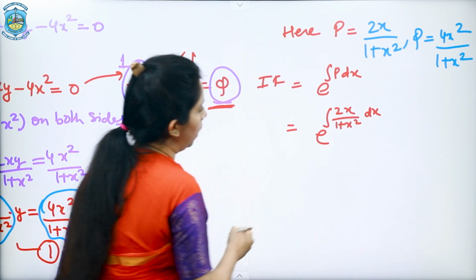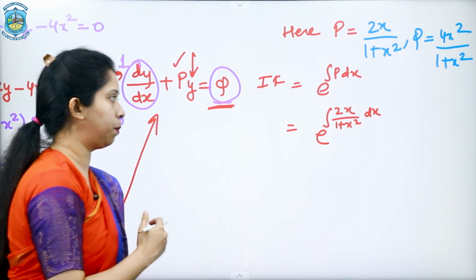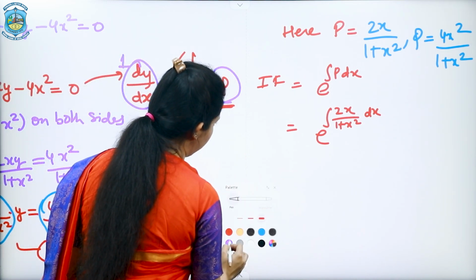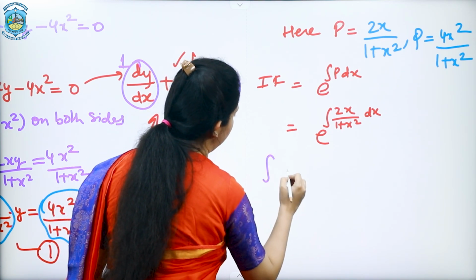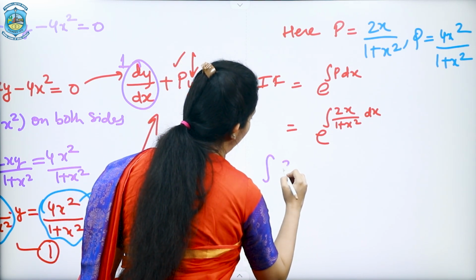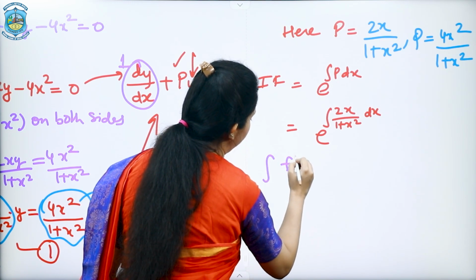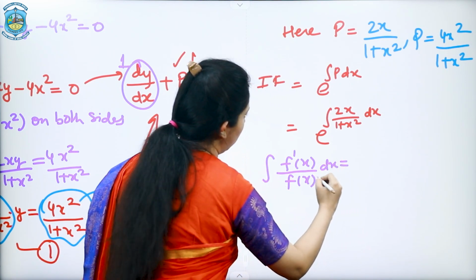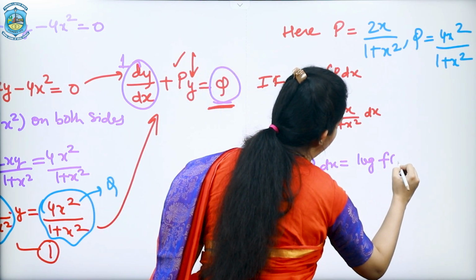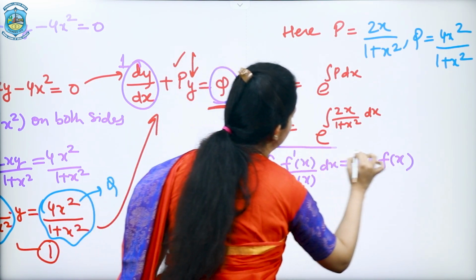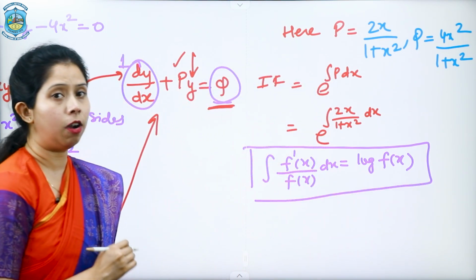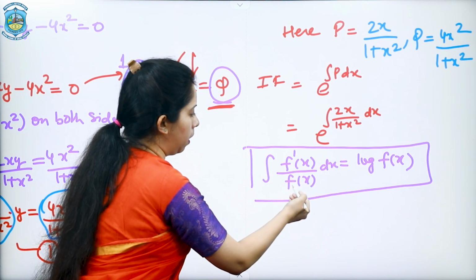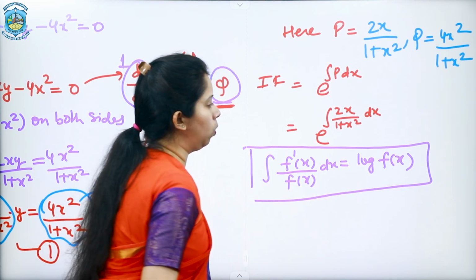Now, here you can use the method of substitution, or you have a formula for integration, that is integration of f dash x upon f of x dx is equal to log f of x. This is one formula that you have studied in class 12th.